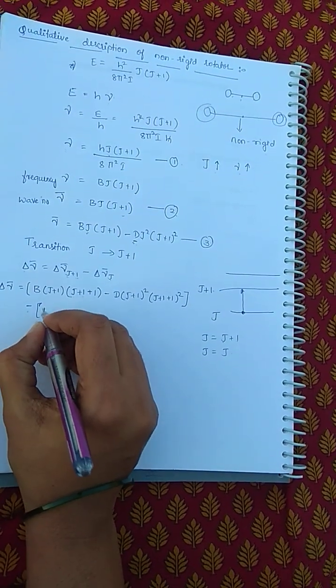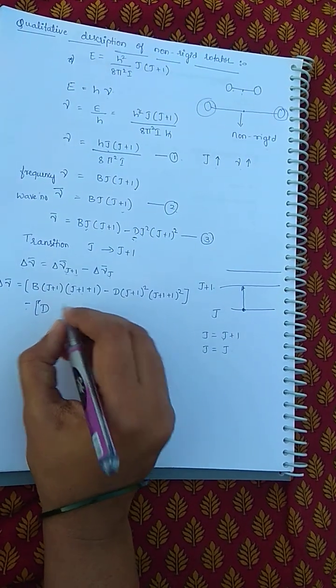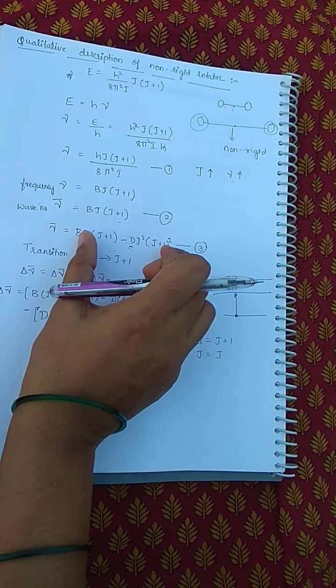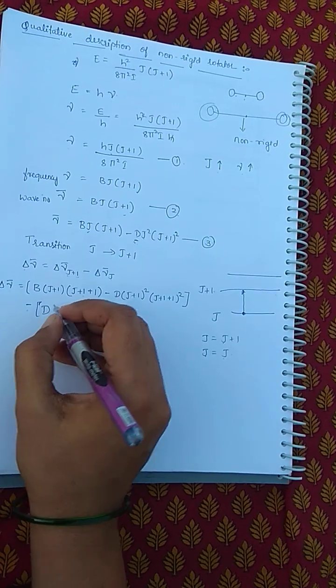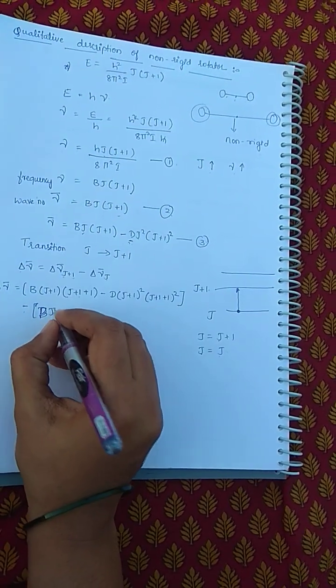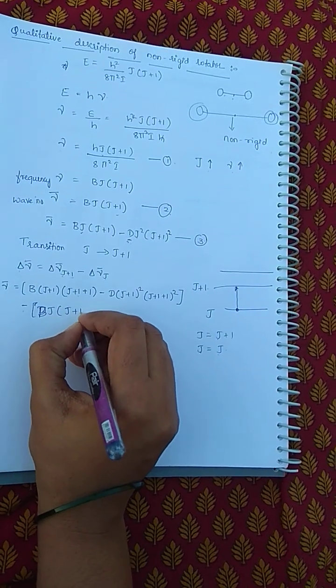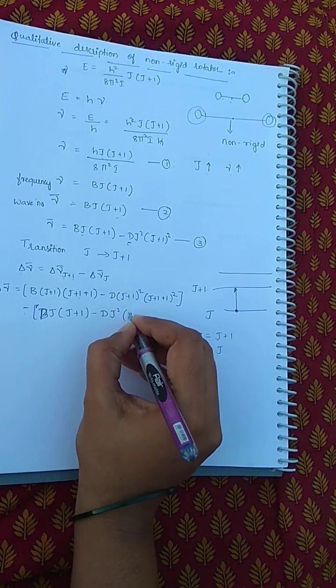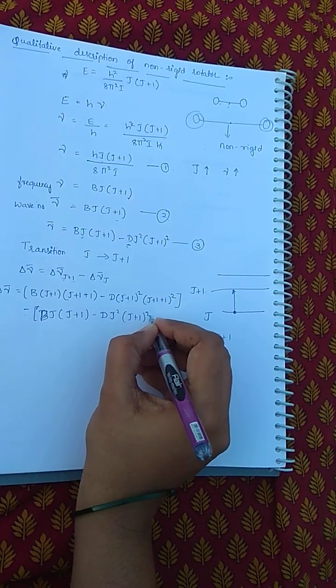Again a square bracket, D as it is, and wherever J is there, J as it is: B J into J plus 1 minus D J square into J plus 1 whole square.